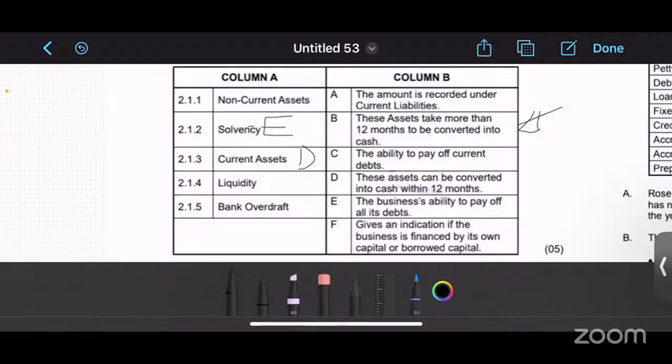So liquidity is the ability to pay off current debt. That's liquidity.